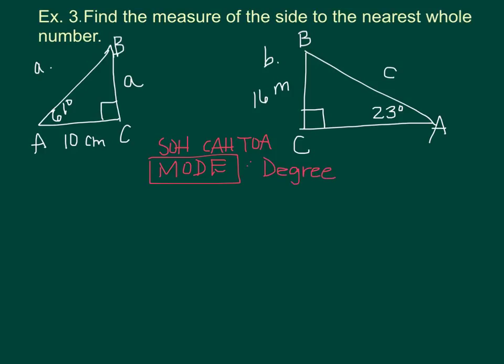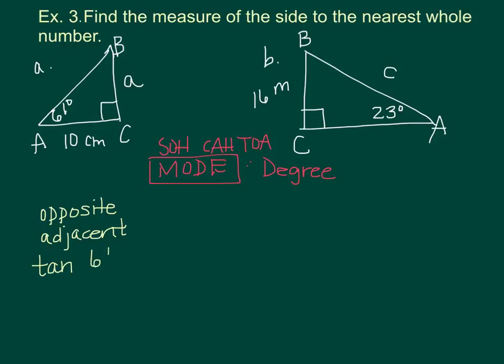All right, let's look at example A. We're looking at angle 61 degrees, and I have an opposite side labeled as A and an adjacent side labeled as 10 centimeters. The only trig function that does opposite and adjacent is tangent.